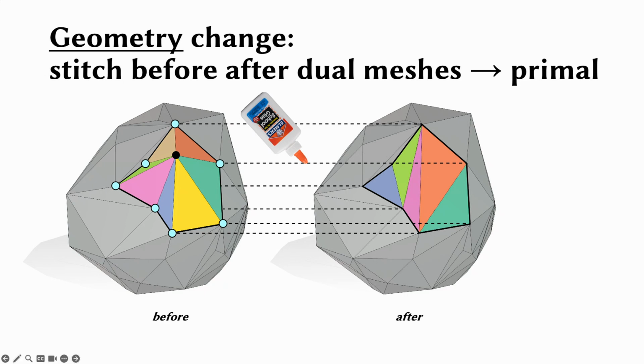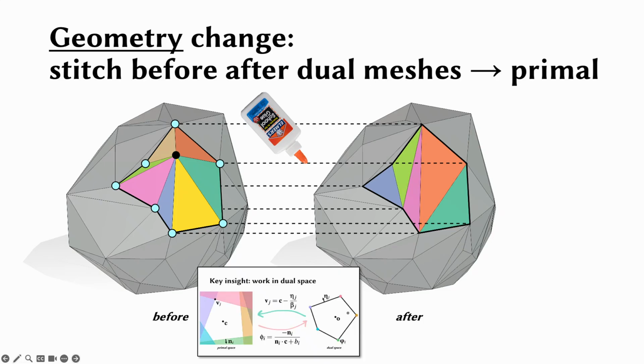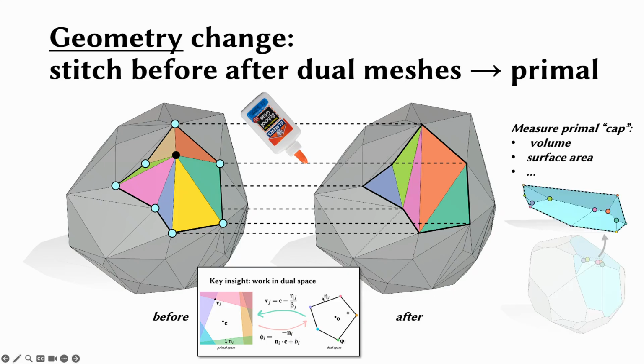The idea is we're going to take these two meshes and glue them together, the before and after. Now we have a little cap in the dual space, and we're going to transport it back to the primal space like we did before. So all the vertices become faces and all the faces become vertices.